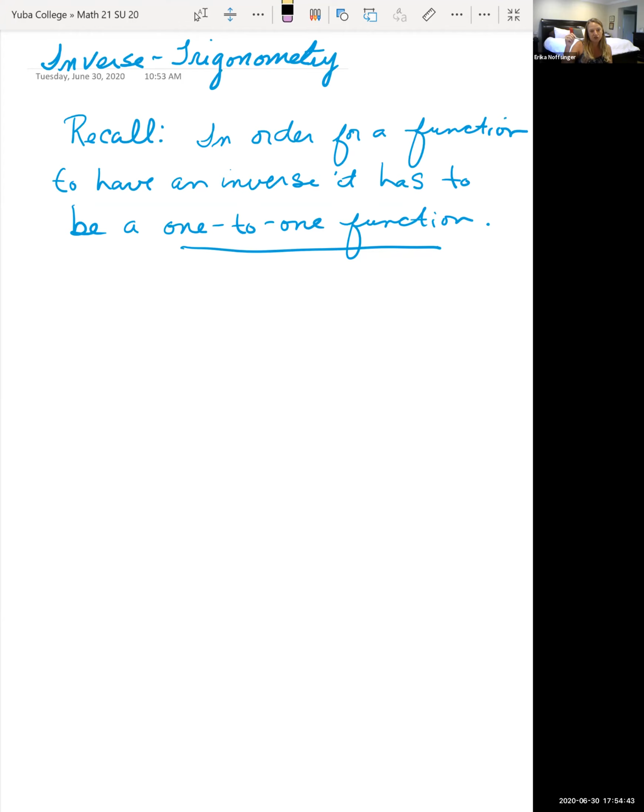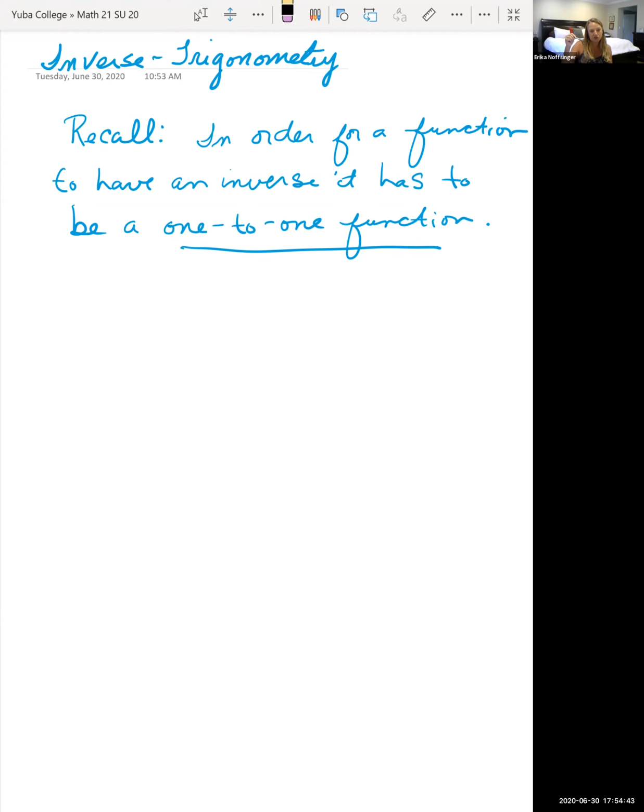But if we limit that domain, and let's say we cut it off where x is 0, and cut it off here at pi. Notice we're hitting all of our y values between 0 and pi.